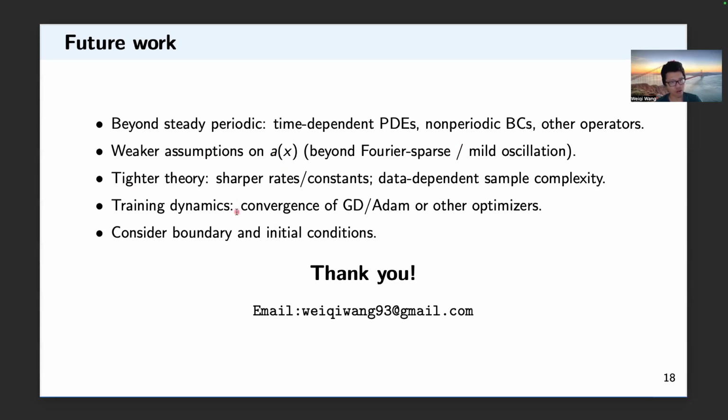A promising direction for machine learning theory is analyzing the training dynamics of this gradient descent based method. And as I mentioned, we need to consider boundary and initial conditions as well.